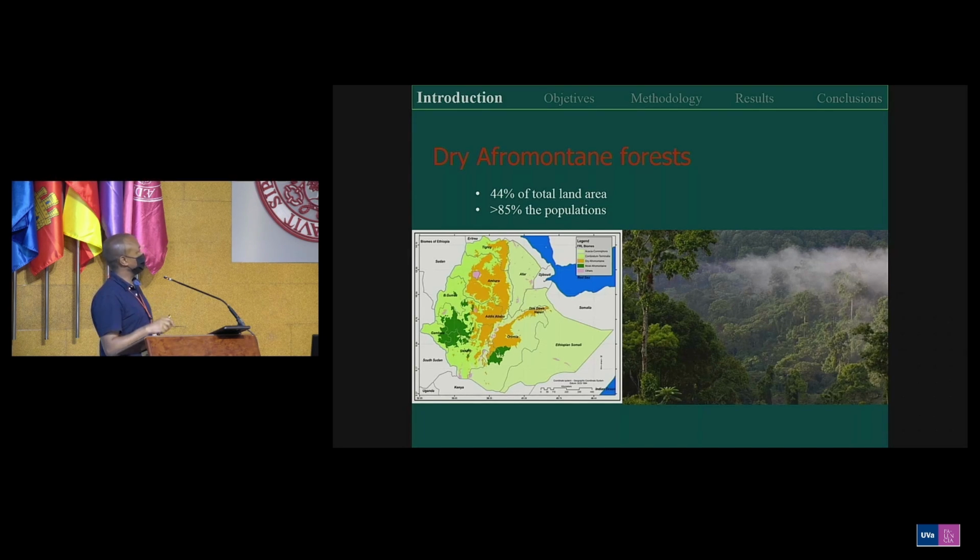The dominant vegetation type in this highland area of the country is called the dry Afro-montane forest, and these forests play an important environmental role, because they are found in mountainous areas and provide important catchment protection.